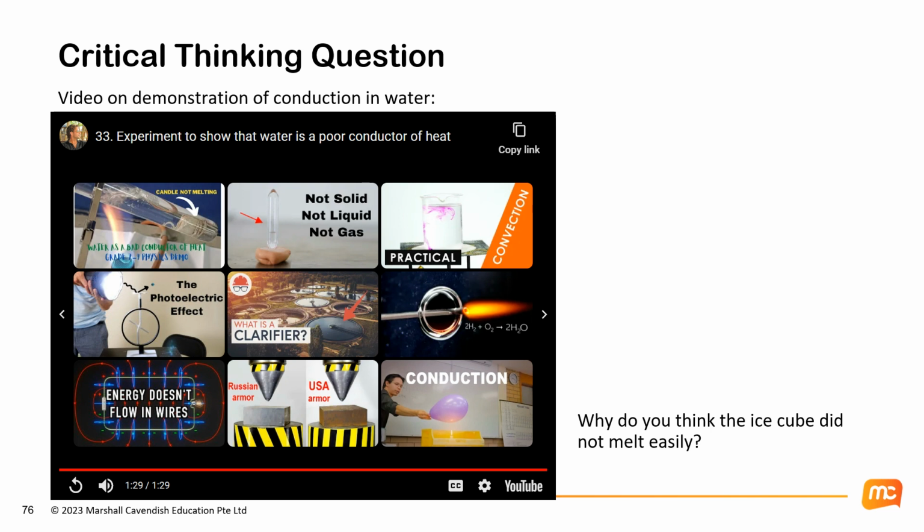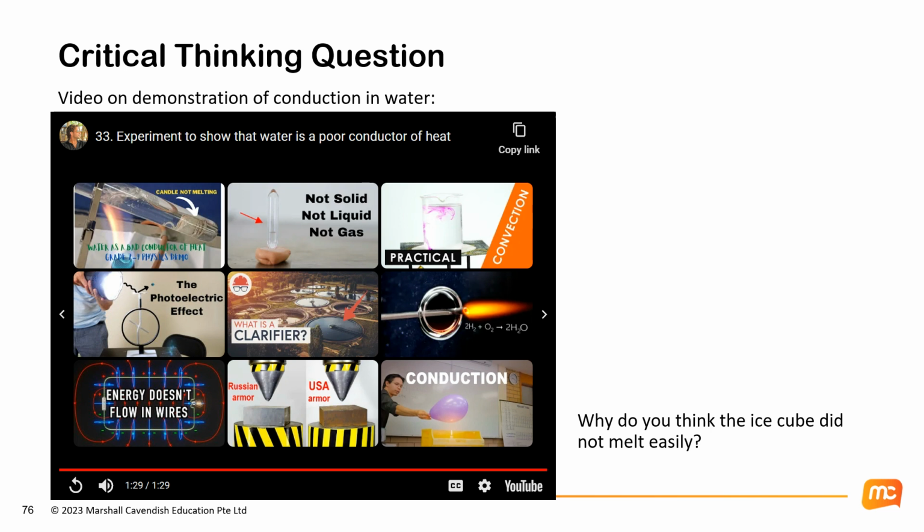And actually, water is not a very good conductor of heat compared to, let's say, a piece of metal. And because it was heated from the top, there's no convection current formed. And even though the water at the top was boiling, the bottom of the boiling tube containing the ice cube was still cold enough that the ice cube remained solid.